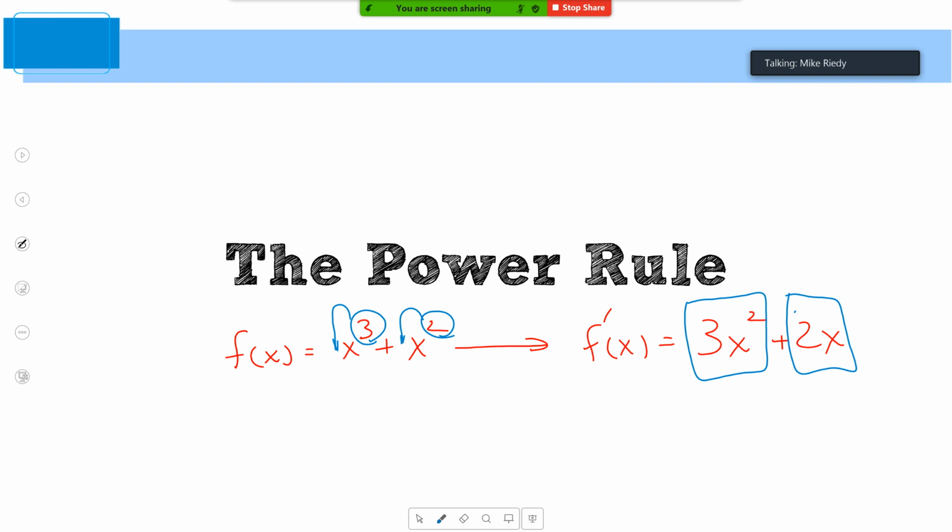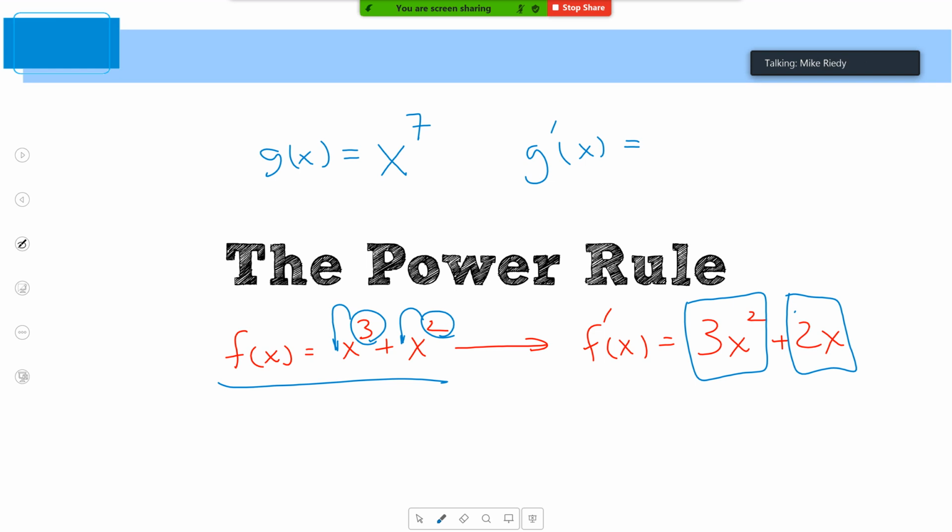Just to make sure we're all on the same page, Marcus, what's the derivative of x to the 7th? 6x to the 6. Try that again. Review what I did down here: you take the number, put it out in front, and then reduce the exponent by 1.